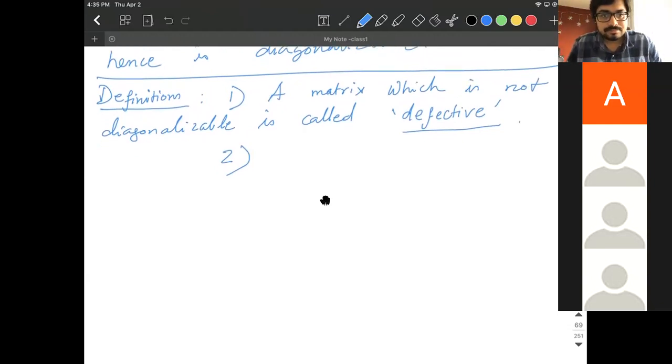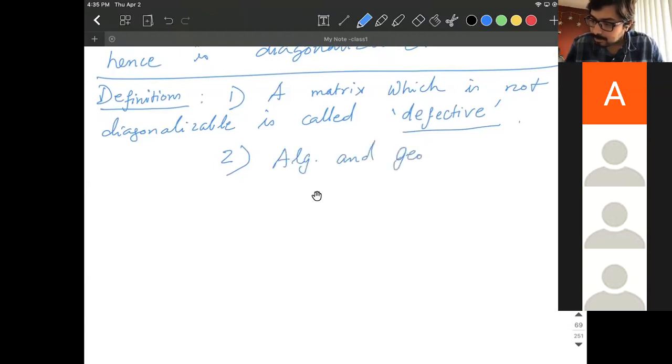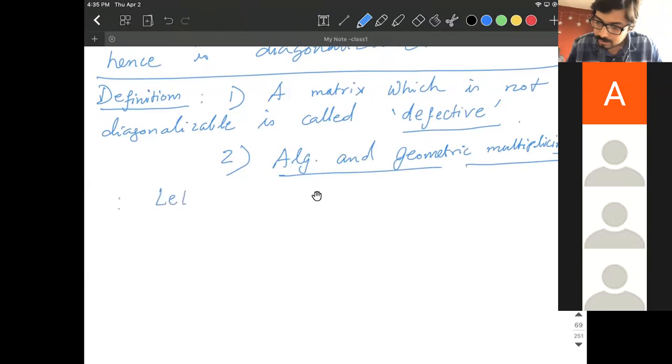Number two, algebraic and geometric multiplicity. Okay. So let A be, once again, an n cross n matrix.